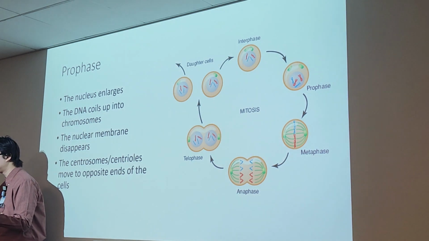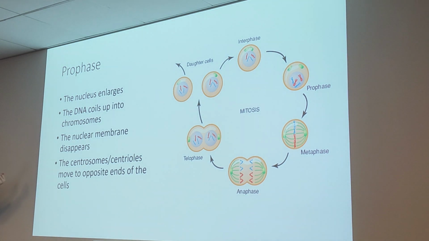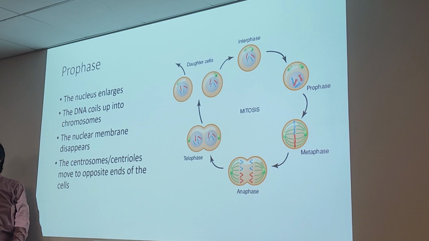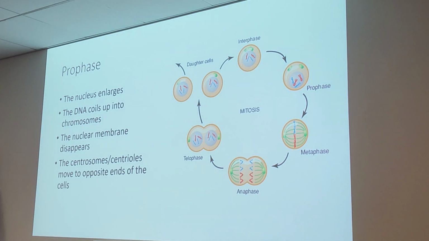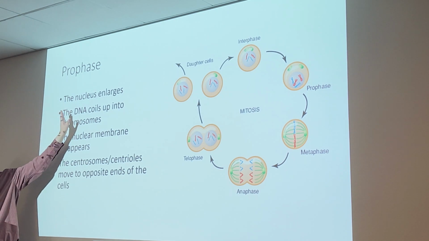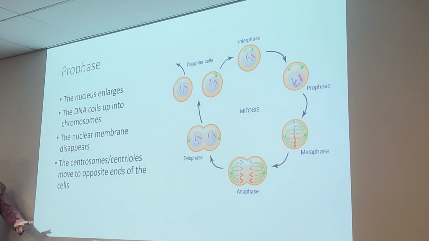At the same time, the DNA, it used to be in chromatin form, right? Loose, able to be accessed. Now the DNA scrunches up, it curls up, it coils up into those chromosomes, like those tight bundles of DNA. You can't access it anymore, you can't read the information. Okay? So you can't really do anything with the DNA right now as we begin cell division. And finally, those centrosomes, right?